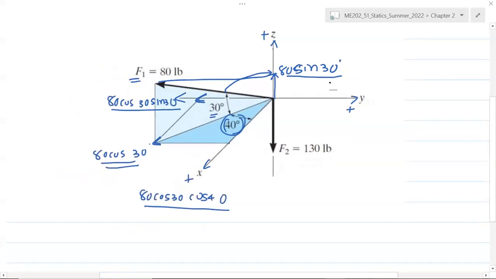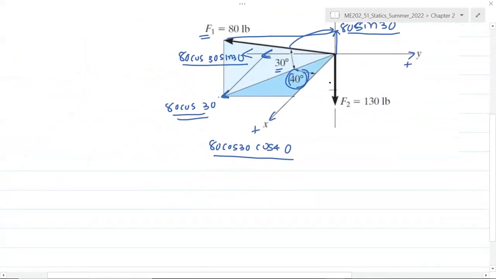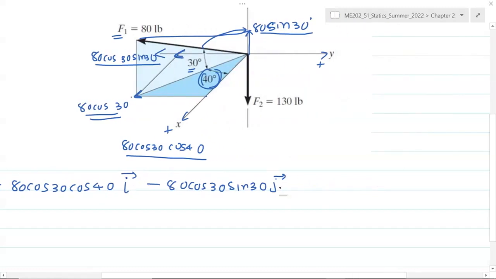So let's write down this vector as a 3D Cartesian vector. F1 is equal to 80 cosine 30 cosine 40 i minus 80 cosine 30 sine 40 j plus 80 sine 30 k.